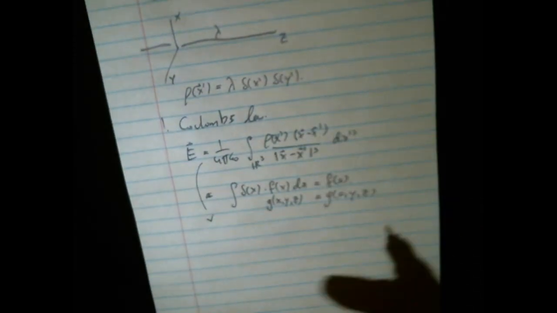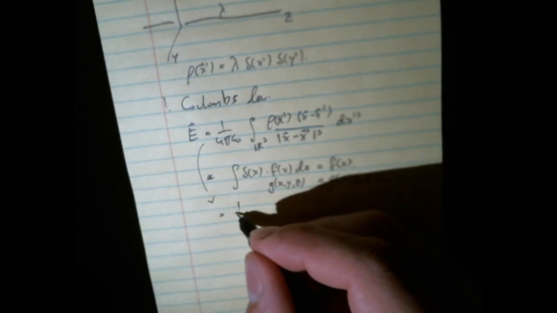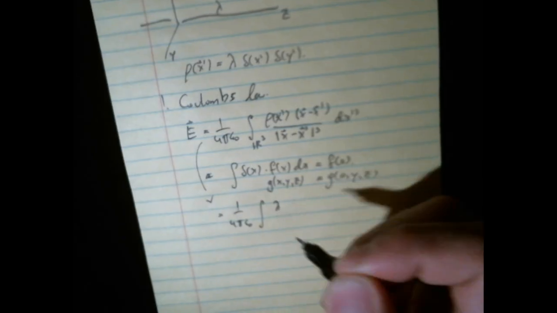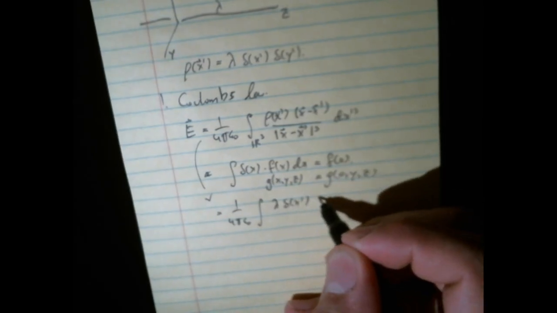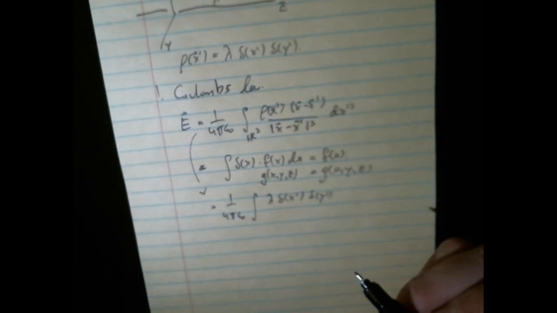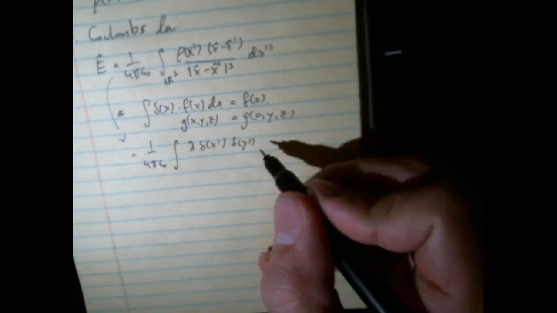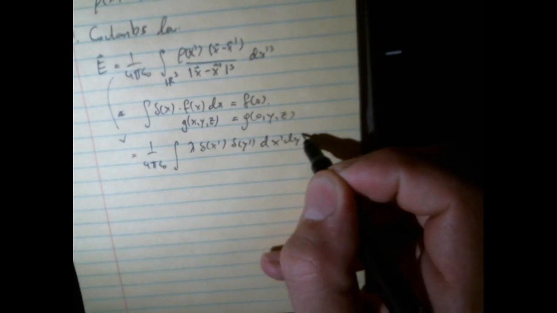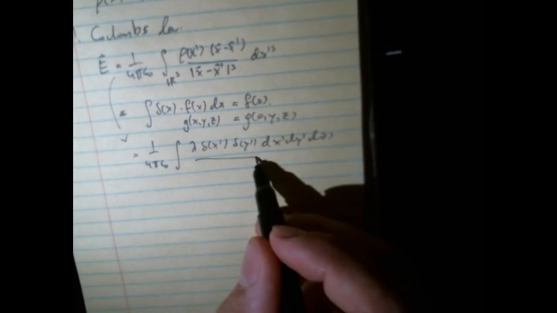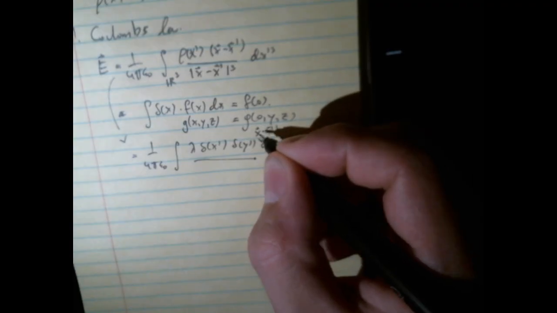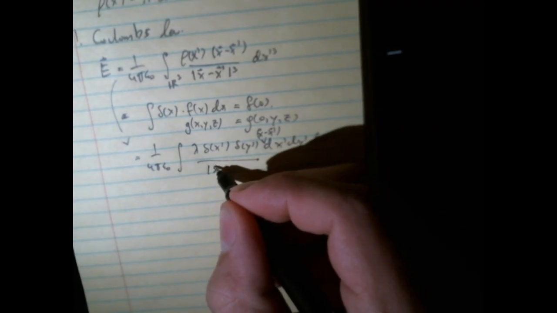So continuing, we'll have 1 over 4 pi epsilon 0 integral lambda delta x prime delta y prime, dx prime, dy prime, dz prime, and then I forgot the separation vector, and the magnitude.